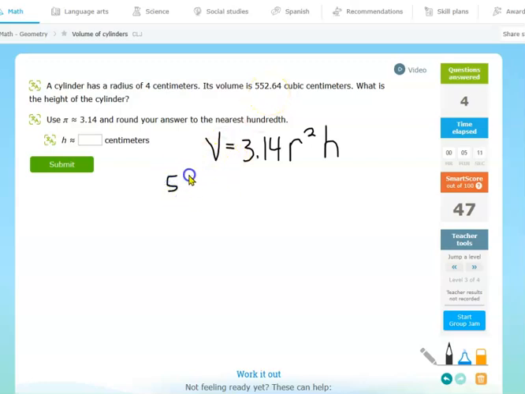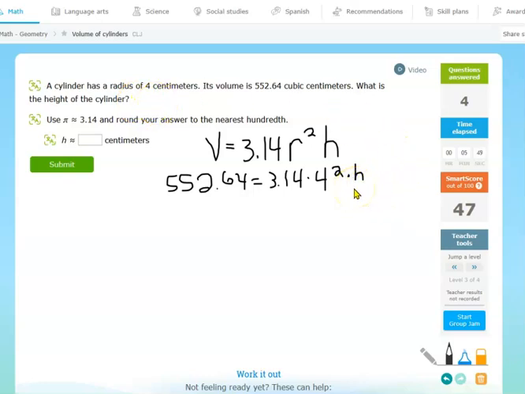So 552.64 equals, copy down our 3.14, times the radius squared. The radius is 4, so times 4 squared times h. Okay, and hopefully they're going to ask us to find the height. Let's go see. Yes, they are. What is the height of the cylinder?